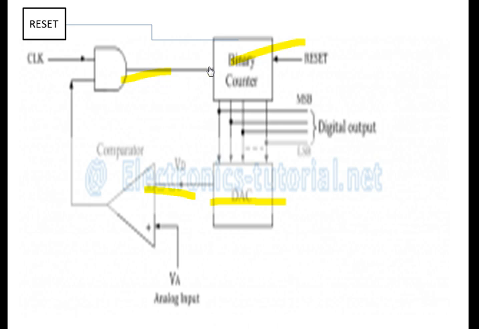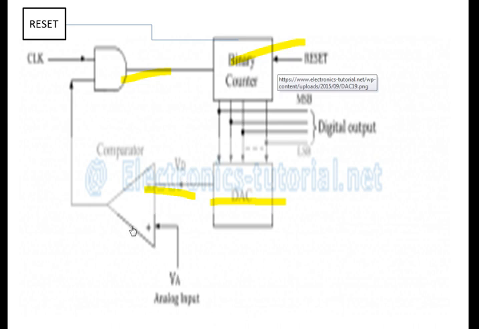So the counter type ADC has the binary counter, DAC, comparator and AND gate. Initially we apply the reset signal, so the binary counter is set to 0. Whenever the output of the binary counter is 0, the DAC also gives 0 volts, and that 0 volts is compared with the analog input we are giving.